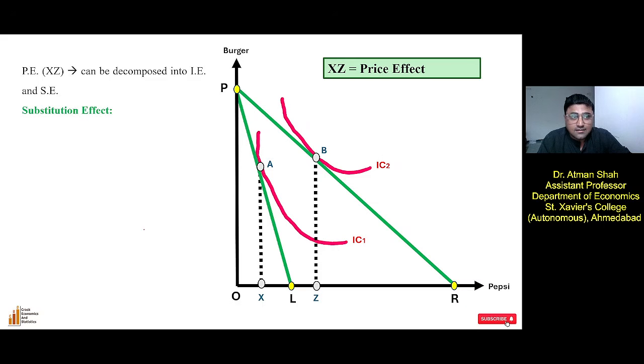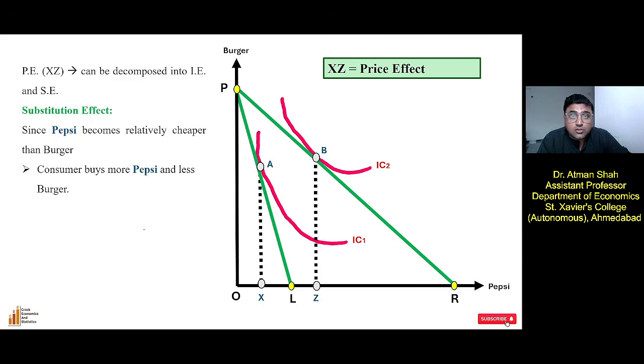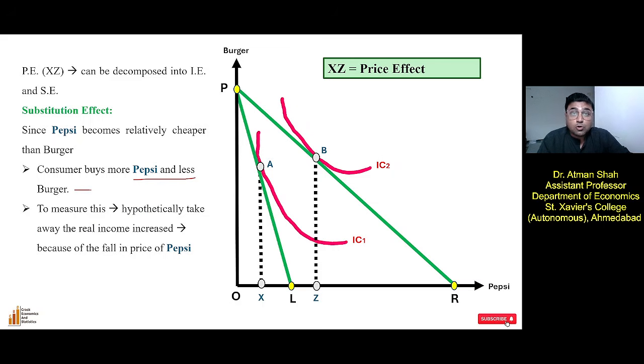So let's understand. First is substitution effect. Since Pepsi becomes relatively cheaper than burger, the consumer buys more Pepsi and less burger. So the consumer substitutes Pepsi for burger. Now, to measure this, we hypothetically take away the real income increase.